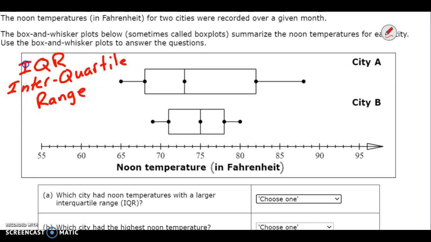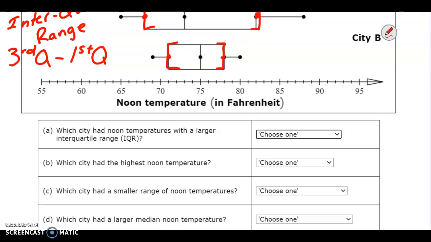Okay, so it's the third quartile minus the first quartile. So you could end up subtracting those values, or just by looking at this, the third quartile to the first quartile in the top one compared to the third quartile and the first quartile in the second one, which box is bigger? Looks like city A spreads that box out quite a bit further, so that interquartile range is larger in city A, right?